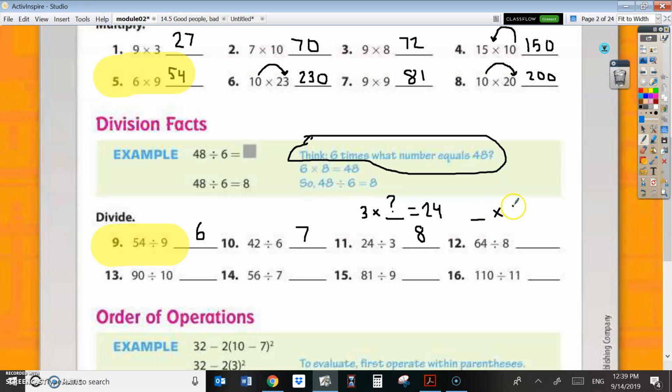Something times 8 equals 64. What would that be? 8. 9. 8. 9. 10.